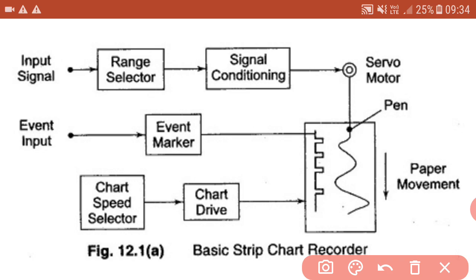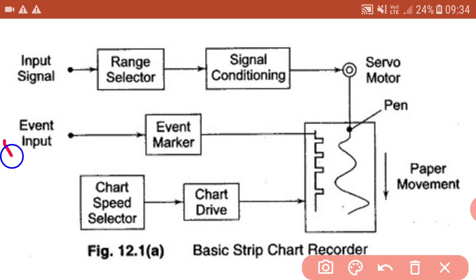Whenever the paper is moved downside, the chart will be drawn this way. So this is the basic function.